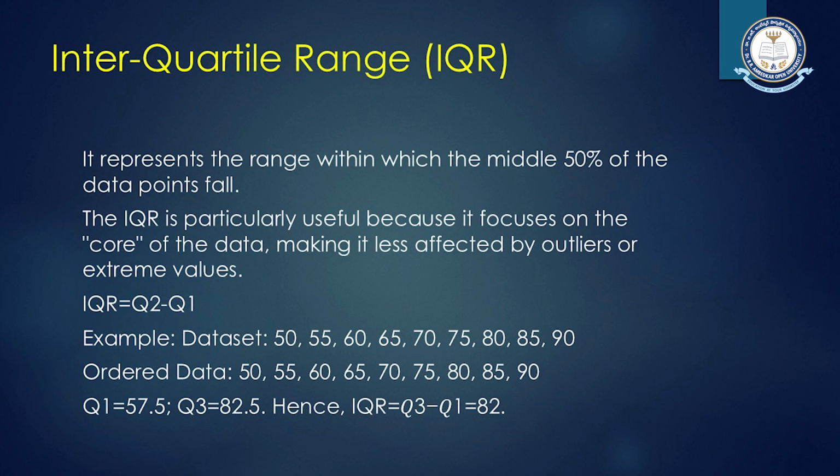For example, if the arranged data set is 50, 55, 60, 65, 70, 75, 80, 85 and 90, Q1 is equal to 57.5, Q3 is equal to 82.5 and the interquartile range is 25.